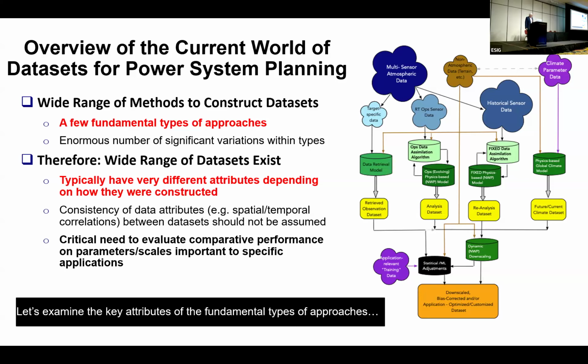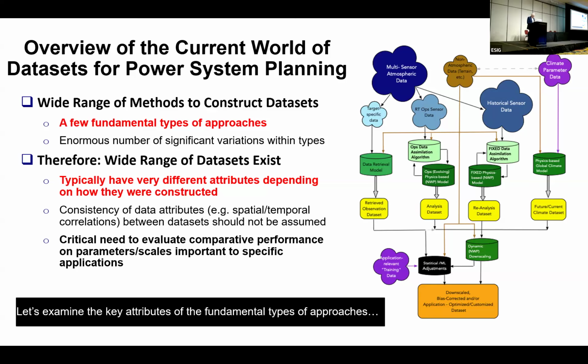And importantly, there are different attributes depending on how these data sets are constructed. And I think that's the takeaway here, that you need to understand the attributes of the data set you are using or maybe considering to use.